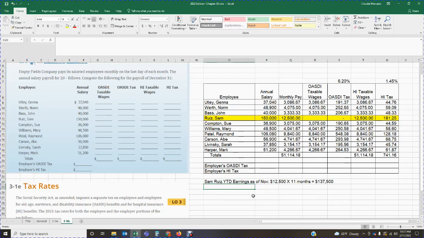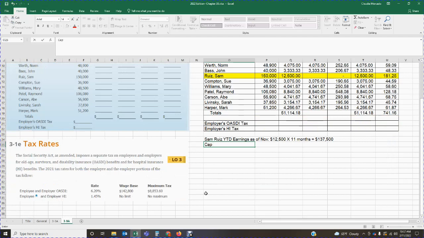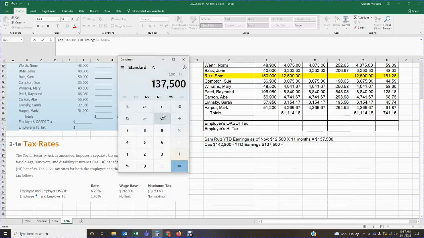I know that my cap is 142,800. I'm going to subtract from that my year-to-date earnings of 137,500. So 142,800 minus 137,500 means that I need $5,300 to reach that cap.